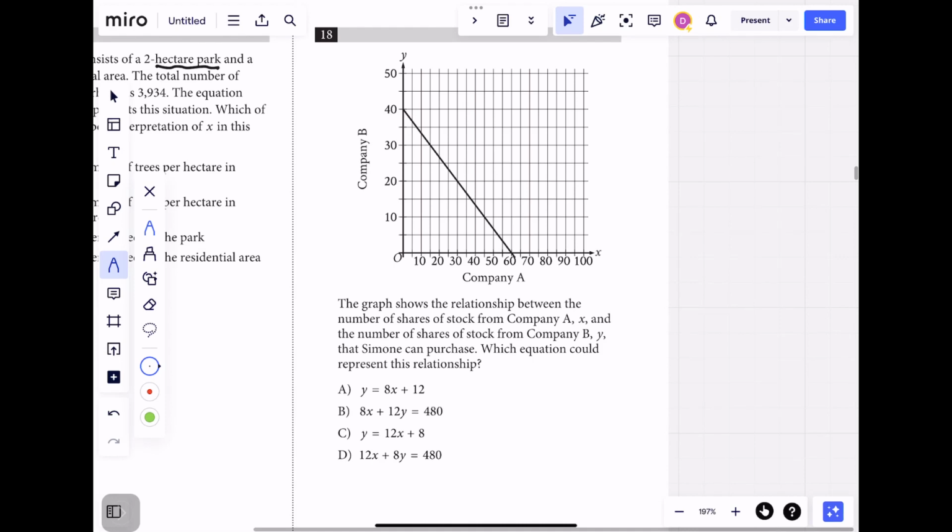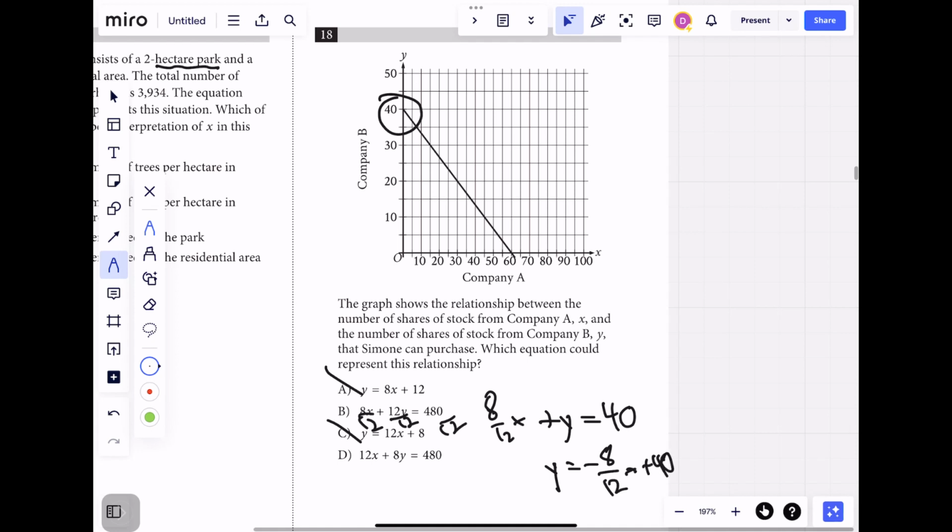The graph shows the relationship between the number of shares from stock A, x, and the number of shares from stock B, y, that someone can purchase. Which equation could represent this relationship? Okay, so we can notice that the y-intercept is 40, so it's not going to be A or C. And if we divide every integer there by 12, we get 8 over 12 x plus y equals 40, which then turns into y equals negative 8 over 12 x plus 40.